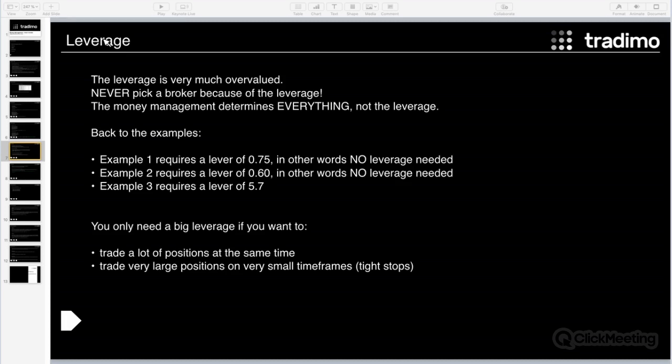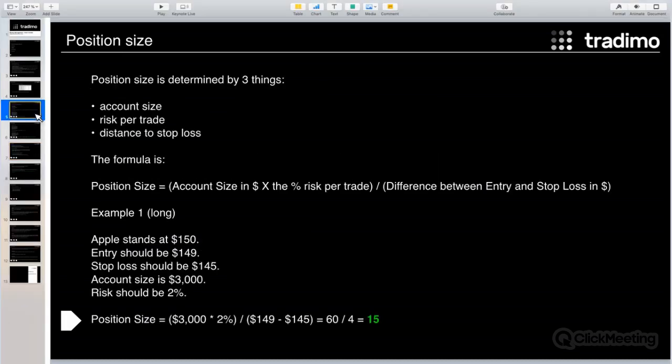And that's it. So for example, you remember this example here. The first example, Apple stands at 150, your account size is 3,000, and the optimal position size here was 15. The entry level is 149.